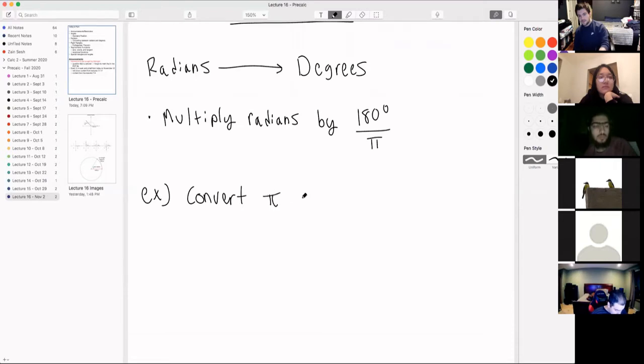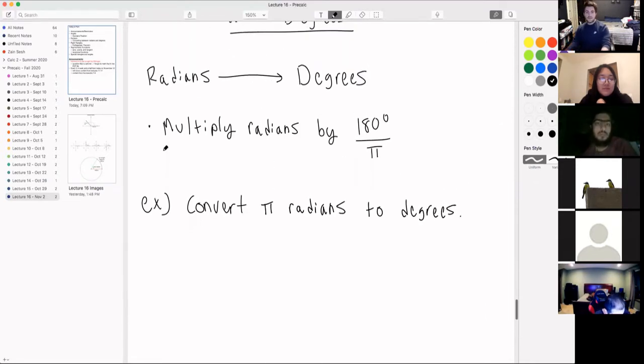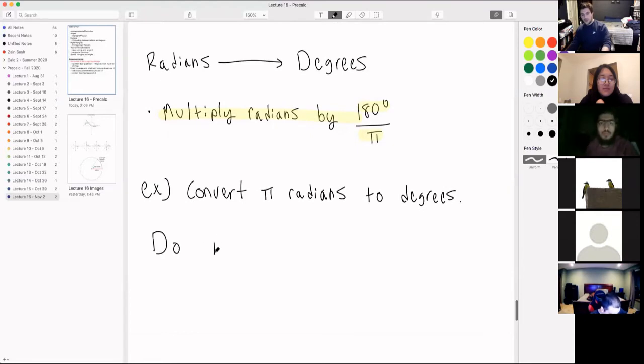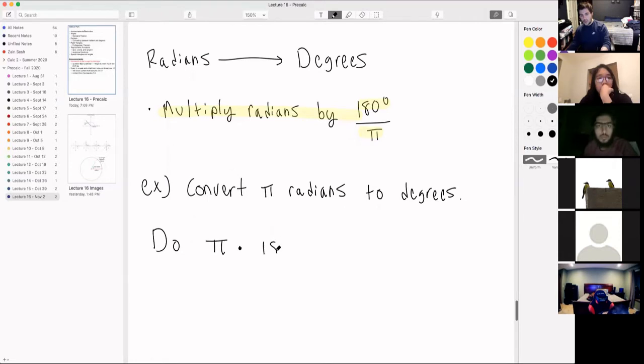All right, so example: convert pi radians to degrees. As the formula states, I just need to multiply my radians by 180 over pi. So you take your radians, which is pi, and multiply by 180 over pi.